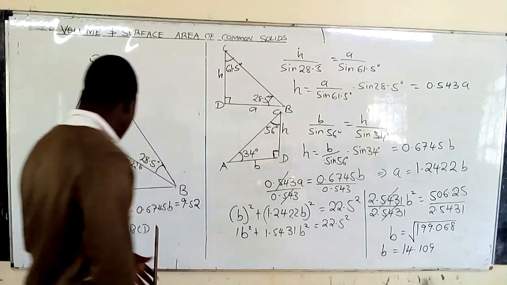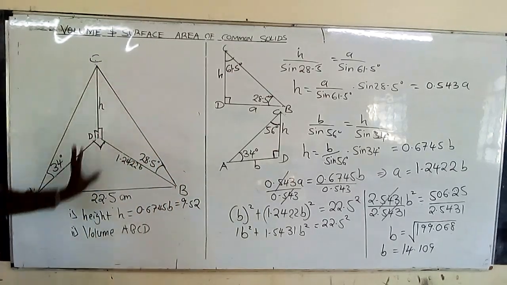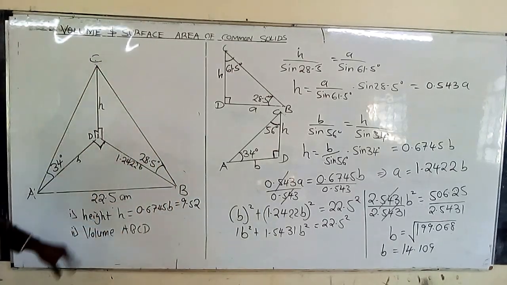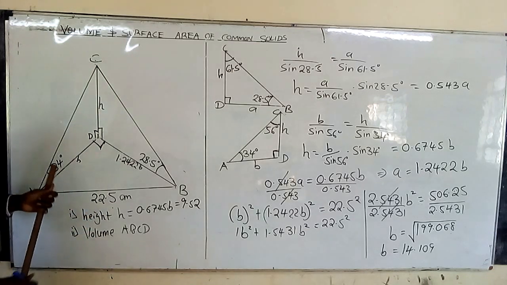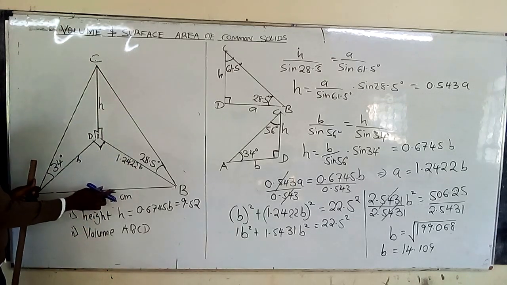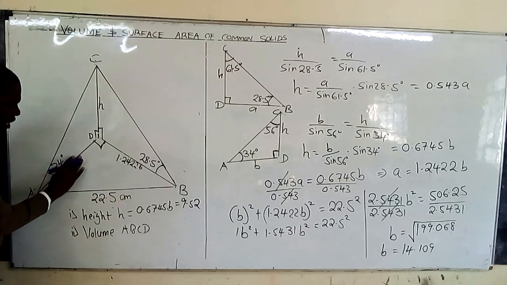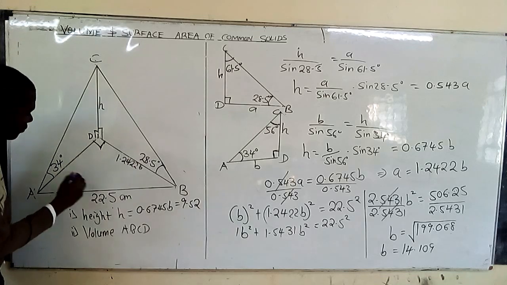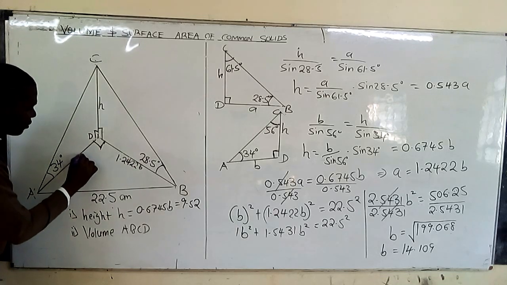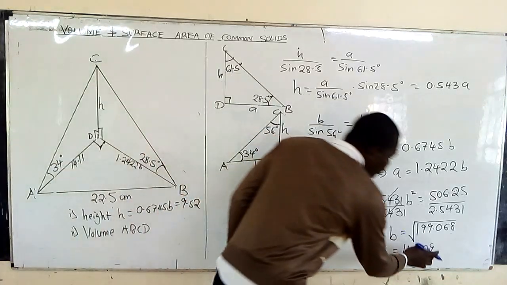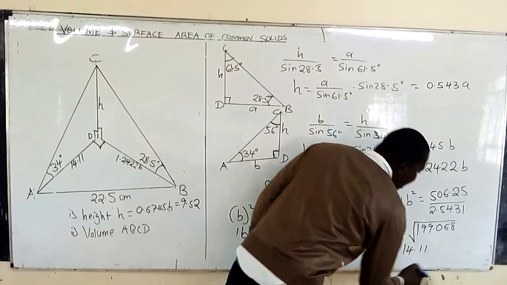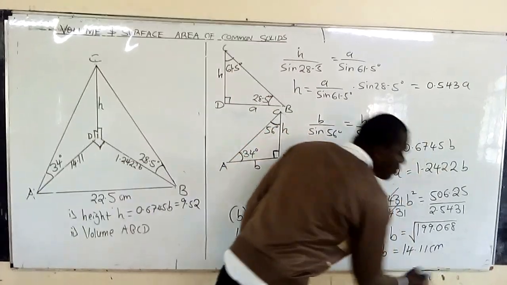So the moment you get the height edge, you can now get the volume of this figure, isn't it? And to get the volume of this figure, you must get the base area. So B you found to be 14.11. If you round off, 14.109 is just 14.11, and these values will be given in centimeters.